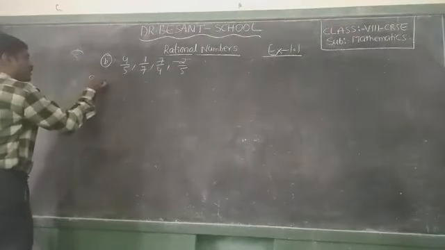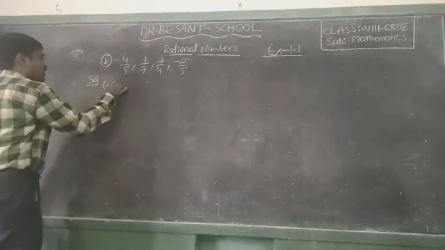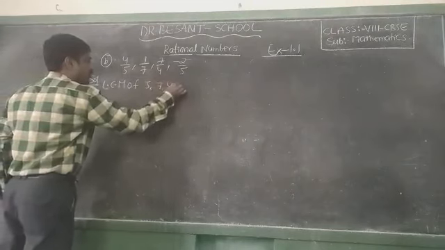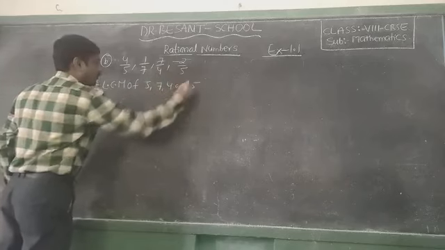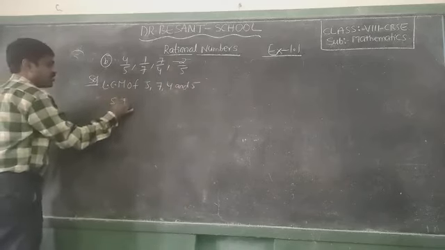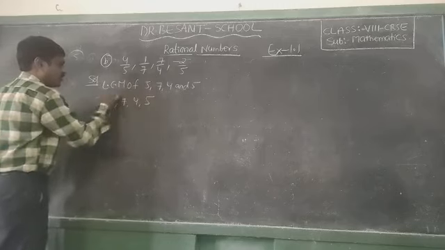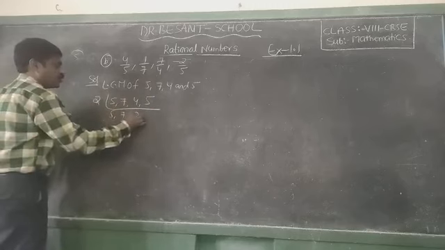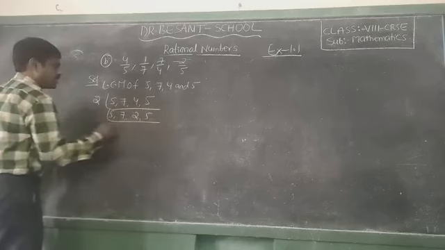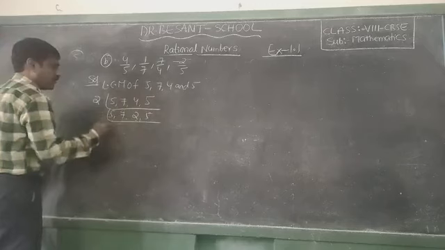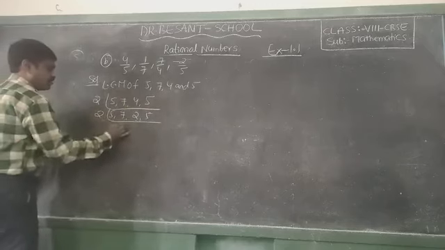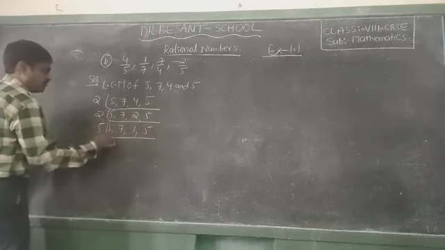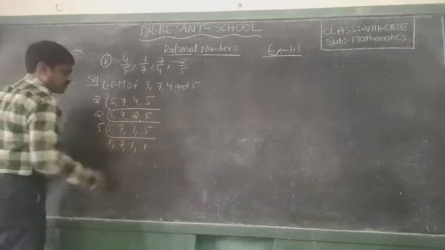First of all, we have to find out LCM of 5, 7, 4 and 5. That means 5, 7, 4, 5. 5, 7, 2 2s are 4, 5 only. Next 5, 7, 2 1s are 2, 5, 7, 1, 5 1s are 5, 7 1s.